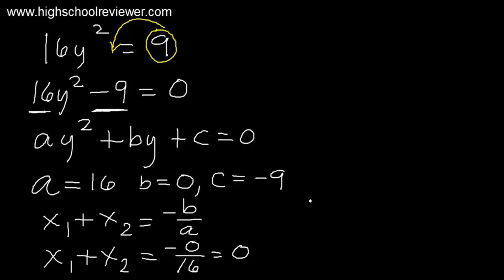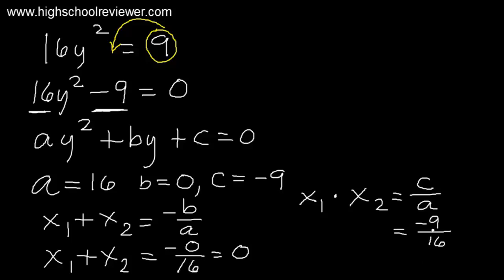And for the product of the roots, we will have x sub 1 times x sub 2, that is c all over a. Our value for c is negative 9, and our value for a is positive 16.